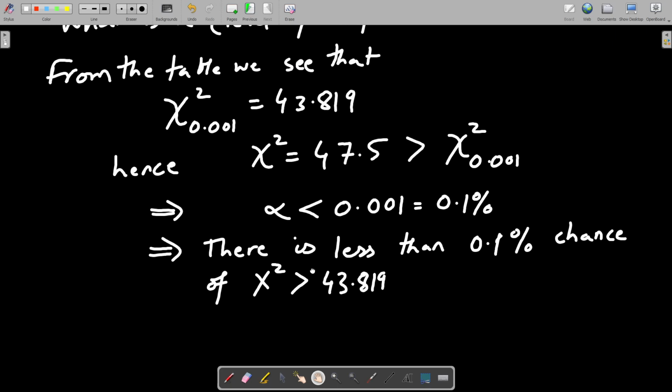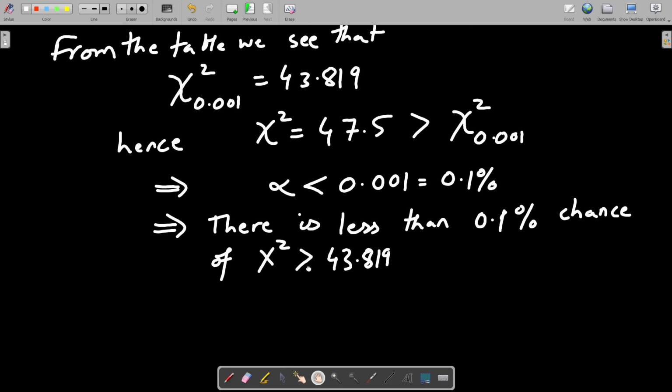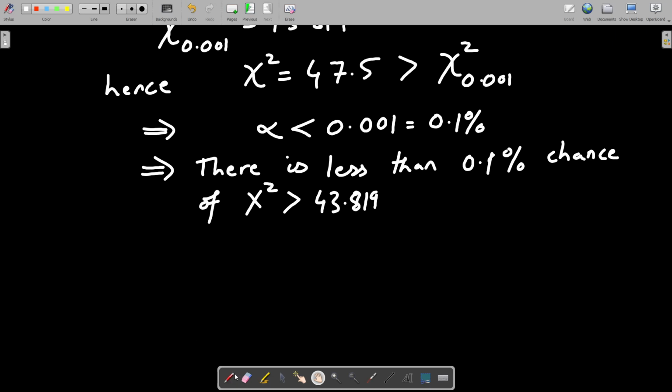We have got chi-square as 47.5, which is greater than this, and we are saying that there's only a 0.1% chance of that happening.